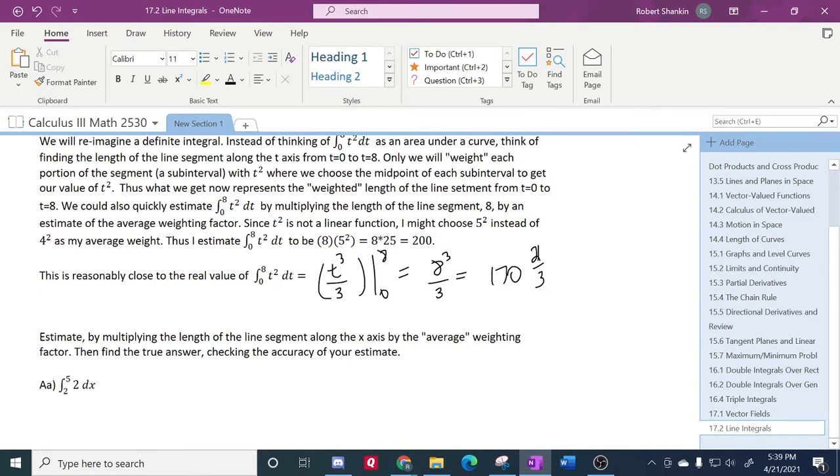Then find the true answer, which will be checking the accuracy of your estimate. So, go ahead and do that for problem A.